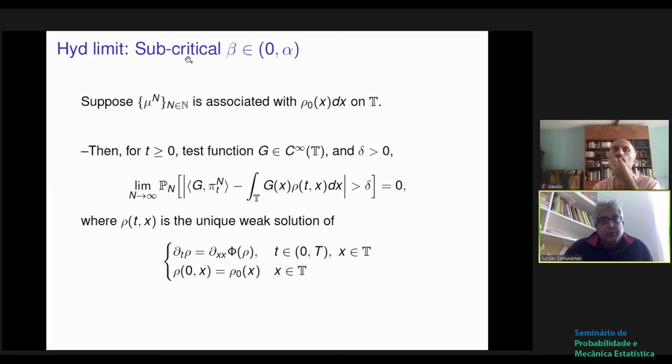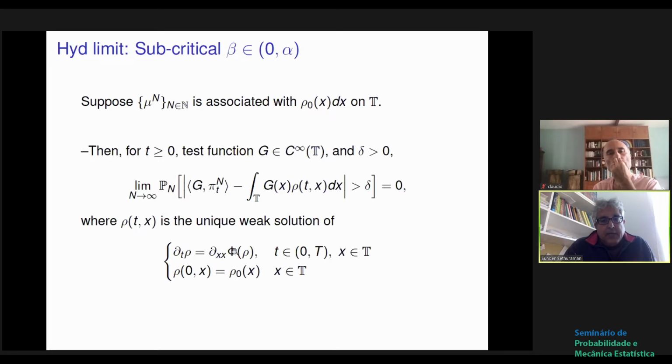Let's just go through relatively quickly the subcritical case. That's the one where we expect not to really see the defect. So let's take a mu n associated with rho naught, and we're trying to prove this kind of thing, which is the usual hydrodynamic formulation, one of the usual formulations, and so this rho would satisfy this nonlinear heat equation.